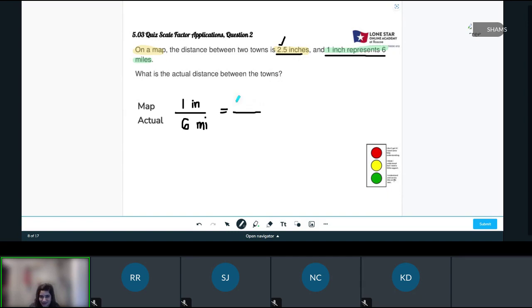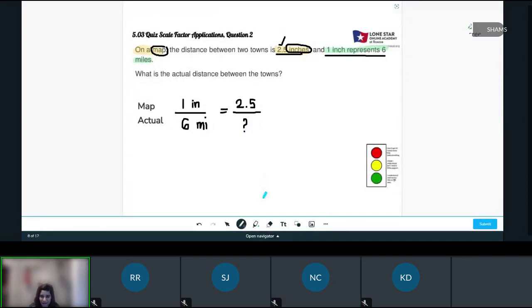Nina, you are right. Nina, how do you know it goes at the top? Because it says the word inches. 2.5 inches, right, Nina? And this one is also inches at the top. Also, it says on a map. And map is the one I'm trying to put at the top. So therefore, I got to line up the numbers, right?